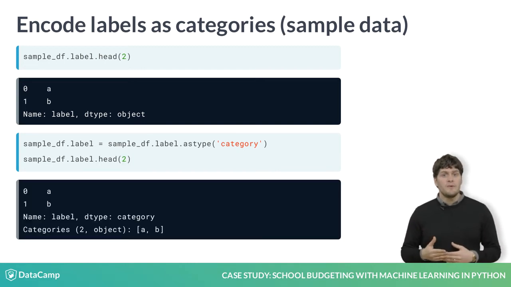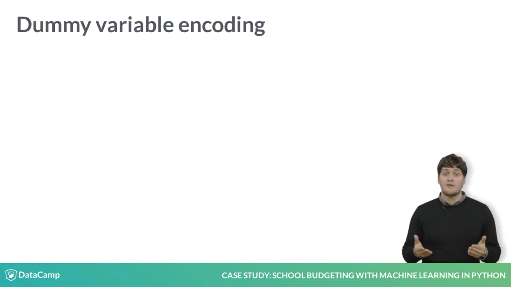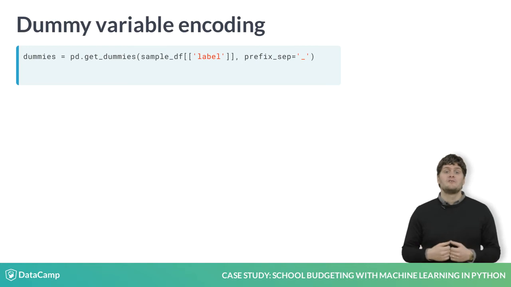As we can see, pandas is already smarter about the values that appear in the column. In this case, the two values A and B. We have actually converted these strings into a numeric representation of the categories. To see this numeric representation, we can use the getDummies function in pandas.